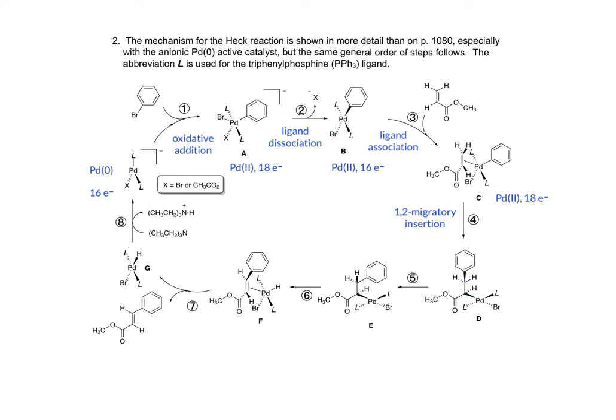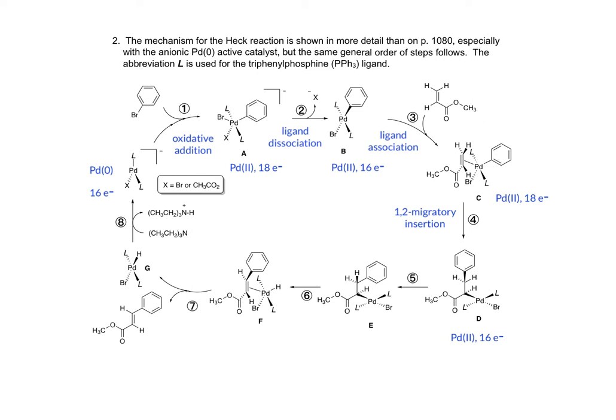Depending on the ligands on palladium, the regioselectivity in some cases is altered so that the phenyl group is closer to the ester. But under these conditions, structure D is produced.